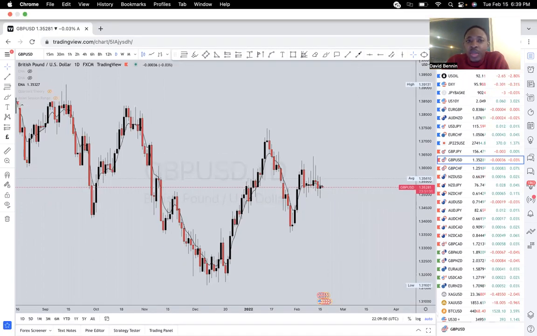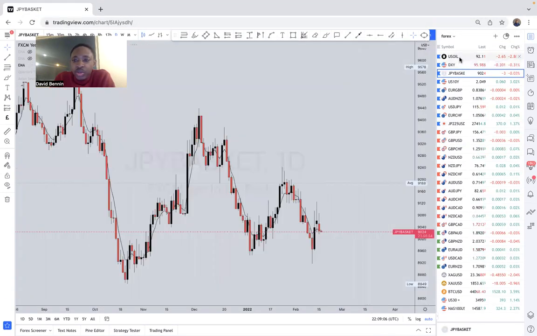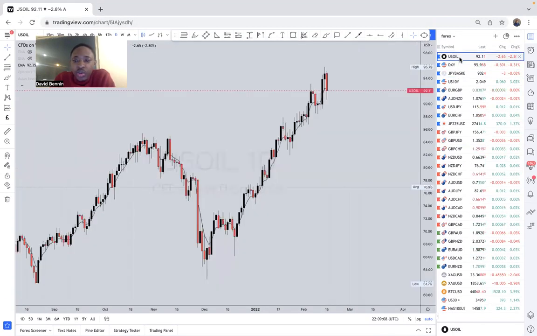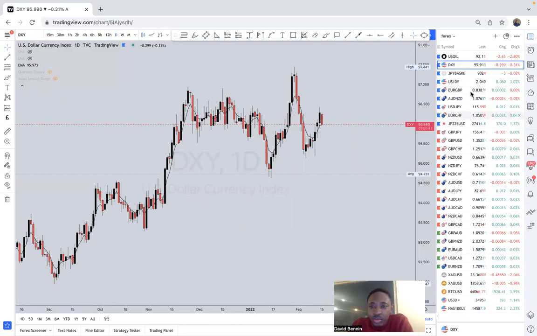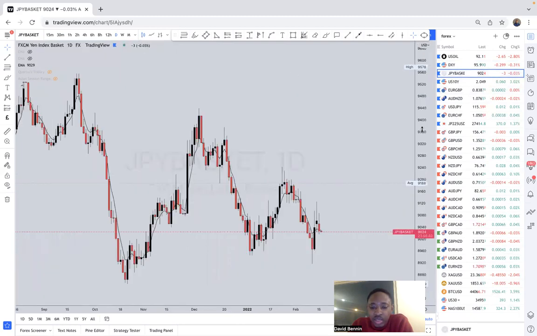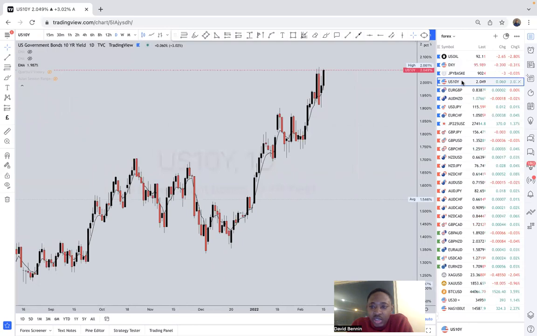So let's go. The market we are going to look at would be US oil. We'll look at the breakdown of US oil, then DXY, the dollar index. Then we'll look at JPYBASKET, and then we might have a glance at the US 10-year bond.